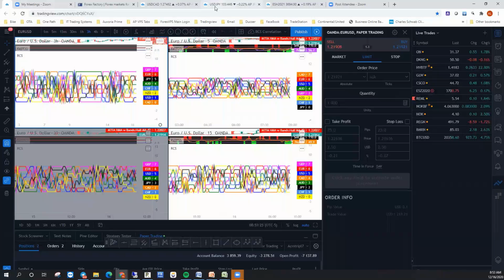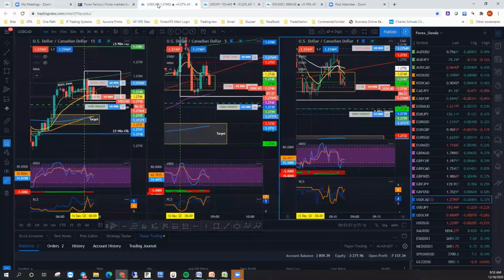So we'll see. They're still kind of battling it out here. It's still a fight for last place or fight for first place. Right now we're showing a 6. We're showing a 4-point spread on the 1, 2-point spread on the 5, and 1-point spread on the 15, all in favor of the Canadian dollar.